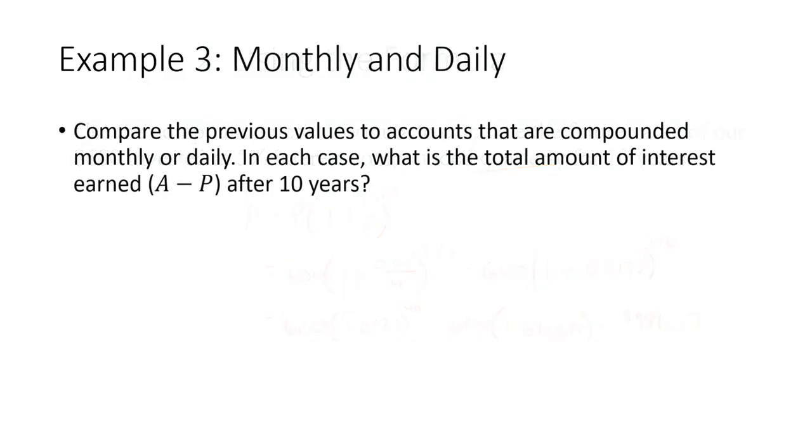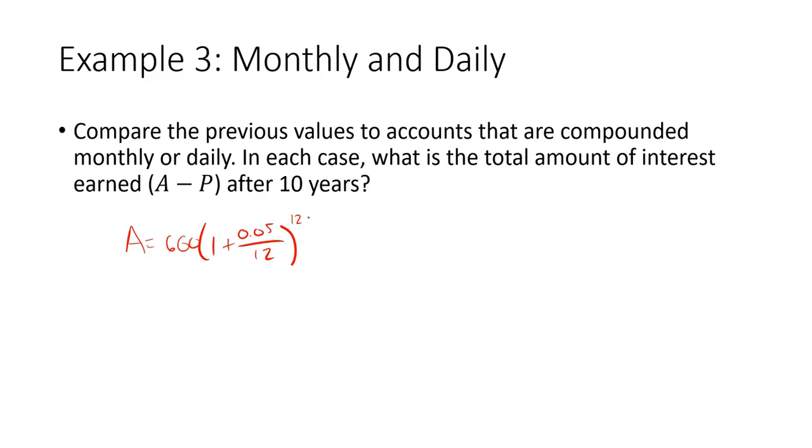So let's look at if we compounded the account daily and monthly, and we're just going to compare in terms of how much interest is earned in each case. So first we need the value when it's compounded monthly or daily. A equals 600 times (1 plus 0.05 over 12) to the power 12 times 10. This would be monthly.